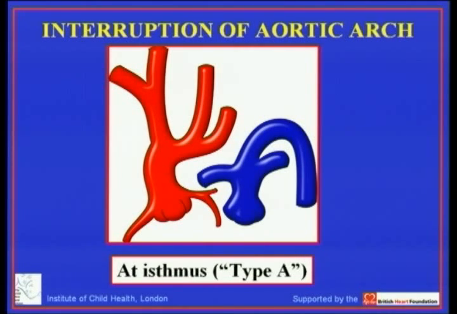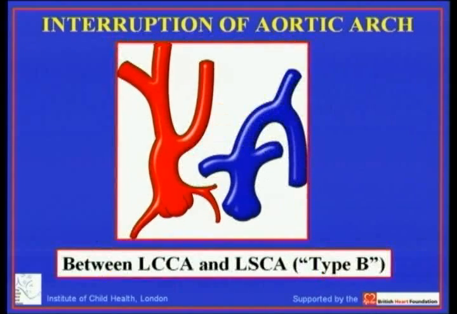So the arch is divided between the descending aorta and the left subclavian artery, and then the duct feeds the descending aorta, and this is so-called A. There is then type B, where the interruption occurs between the left common carotid and left subclavian arteries. And then the duct feeds descending aorta and left subclavian artery. And this is the pattern that is most frequently found in 22q11 deletion.